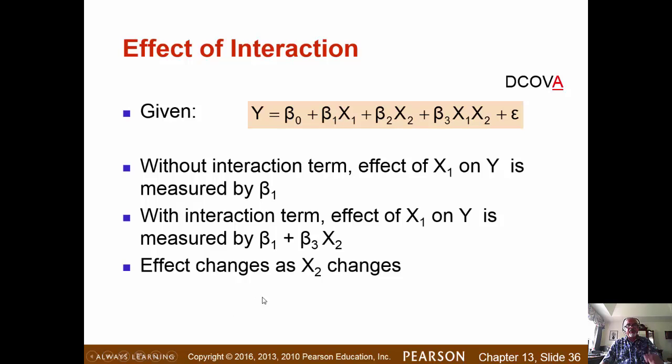The effect changes. So the interaction part of the effect on y changes as x sub 2 changes. If x sub 2 changes, then the interaction effect on y also would change.